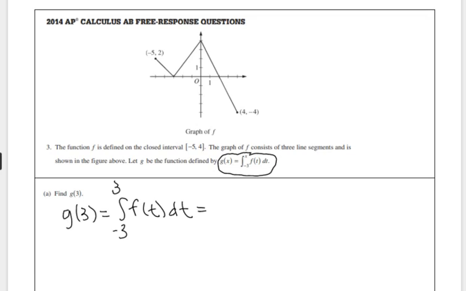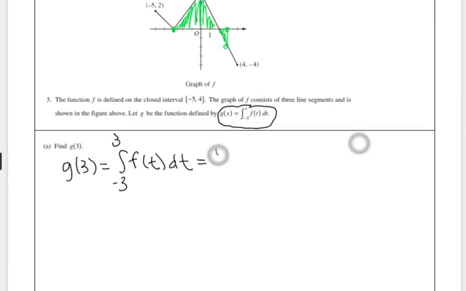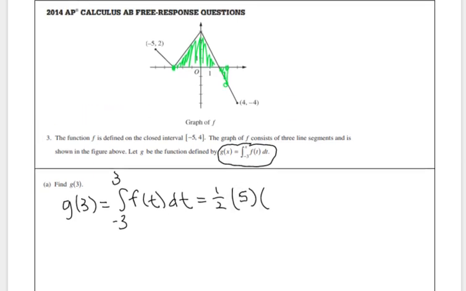We're looking from -3 to +3, so we're looking at this triangle above the x-axis, which will be a positive area, and then this triangle below the x-axis. The triangle above is 1/2 base times height. So 1/2, the base goes from -3 to 2, which is 5, and the height of the triangle is 4.